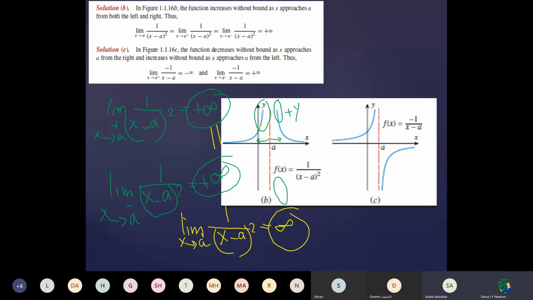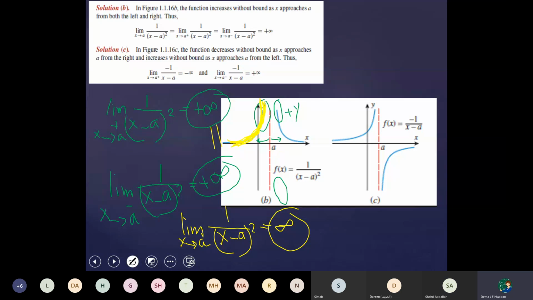Okay, look at a from the left. Where's the value of it? It is this yellow curve. Where is it going? Is it going to the positive y-axis or negative y-axis? Yes, positive. Thank you.